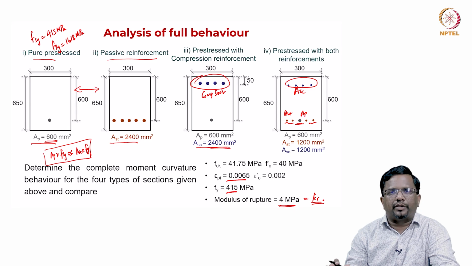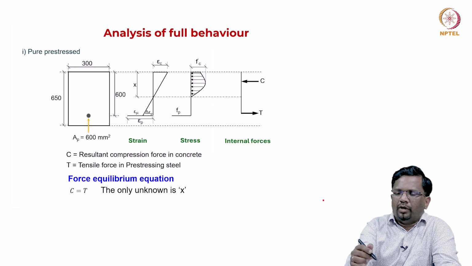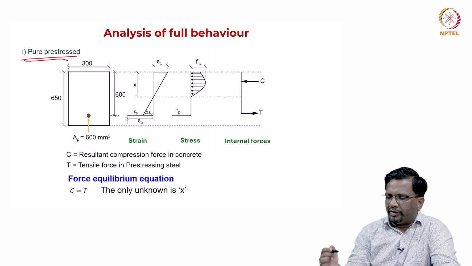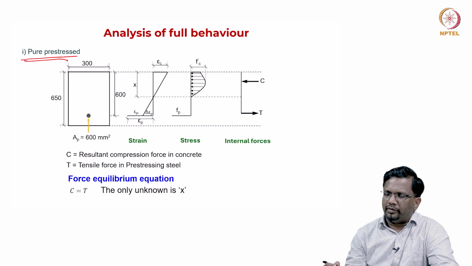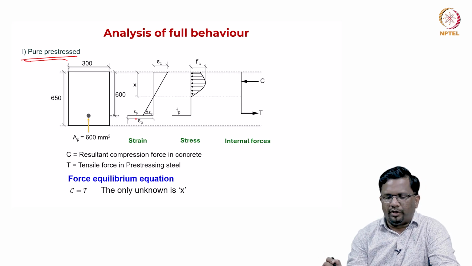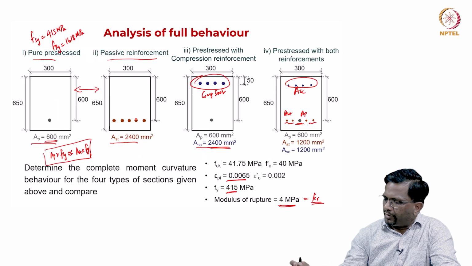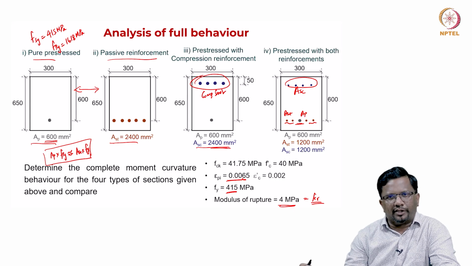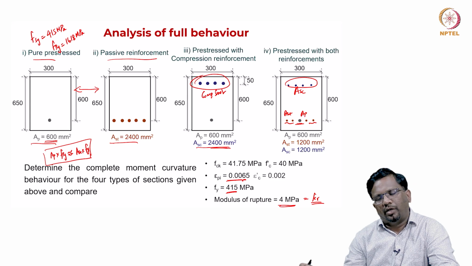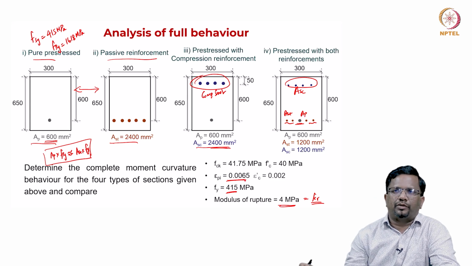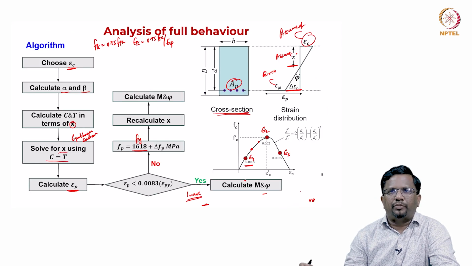Now, with these assumed properties, let us see how the moment curvature response for a different cross section is going to look like. The first case is pure prestressed. Again, we are stretching it to 0.0065 multiplied by elastic modulus of 195, which will give you about 1245 megapascal or so.